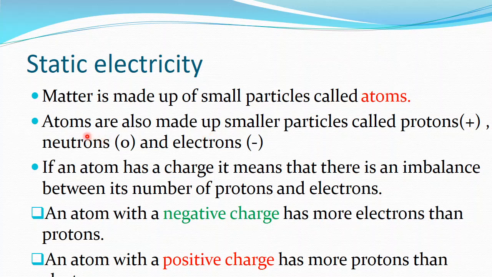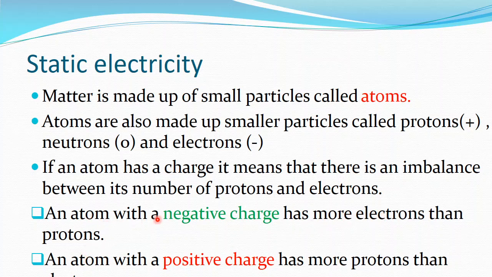Now these atoms are also made up of smaller particles called protons, neutrons, and electrons. Now we said protons are positively charged, neutrons don't have a charge, and electrons are negatively charged. Now if an atom has a charge, it means that there is an imbalance between its numbers of protons and electrons. An atom with a negative charge has more electrons than protons.